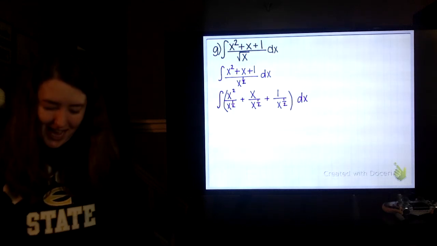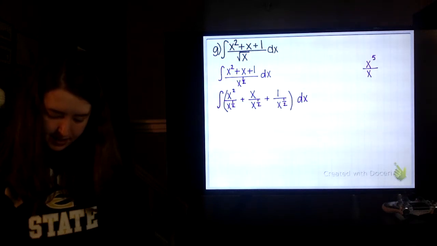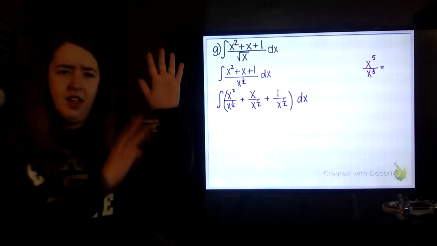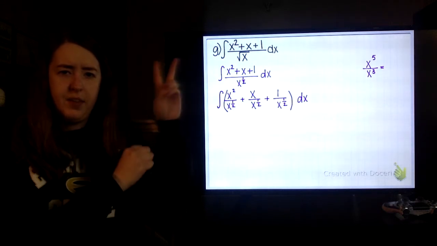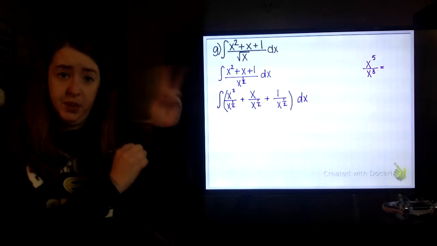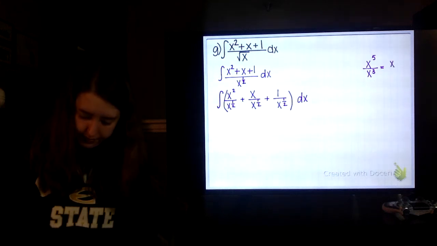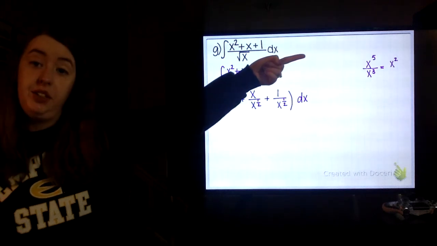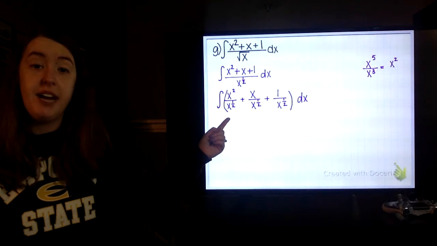If I had x to the fifth and I was dividing that by x cubed, well, I have 5 x's on top and 3 on the bottom. So 3 of them cancel out, and I'm just left with 2 up there on top. So what did I have to do with 5 and 3 to get 2? Subtract. So that's the rule I'm going to have to do.